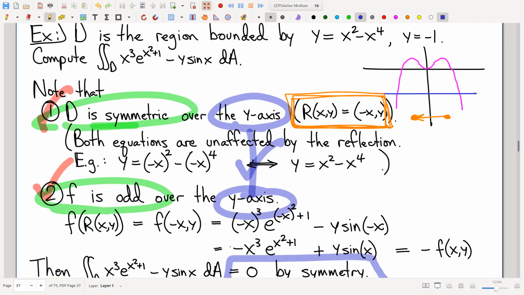What are you going to be plugging in for y when you evaluate the y integral? You're going to be plugging in x squared minus x to the fourth. You're going to have a quartic times sine x. Best case scenario, you integrate by parts 4 times. That's highly undesirable. This would be a nasty, nasty integral to compute. We instead made a couple of clever observations and declared victory.